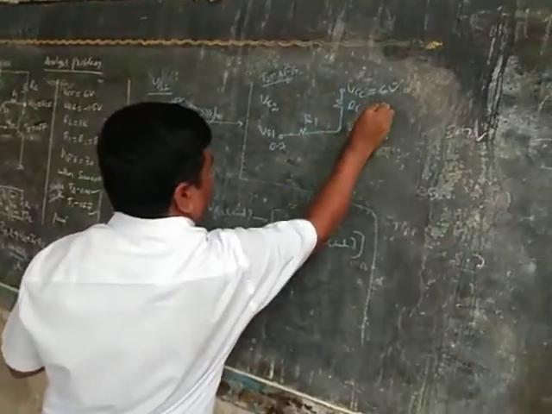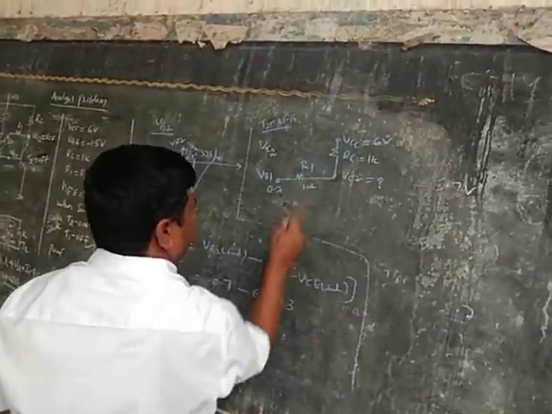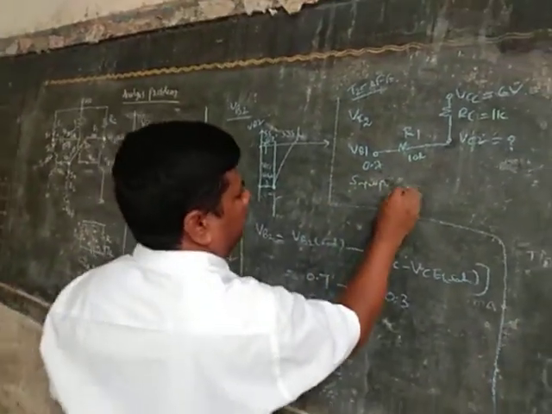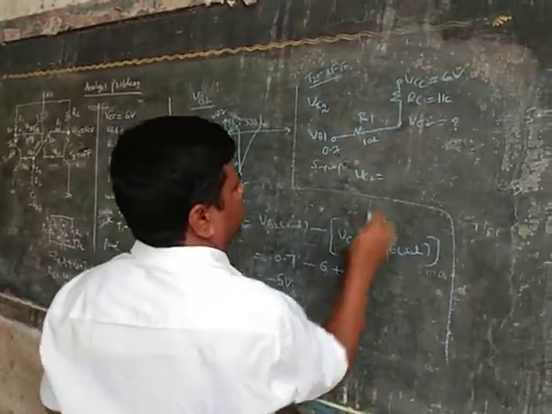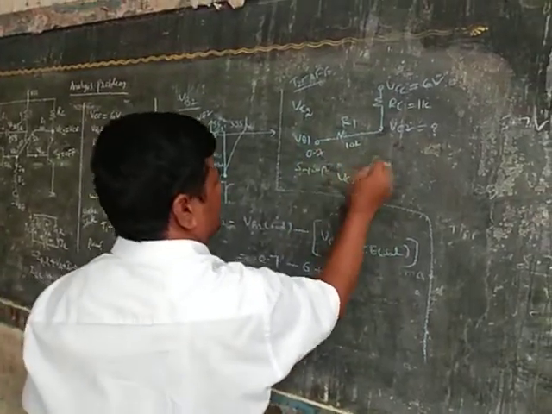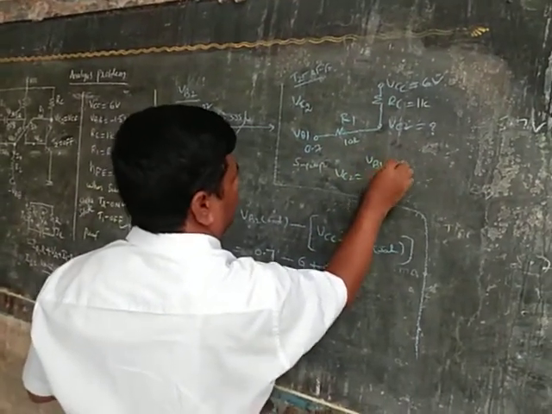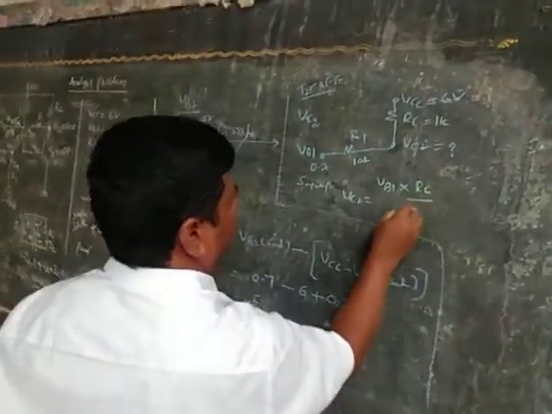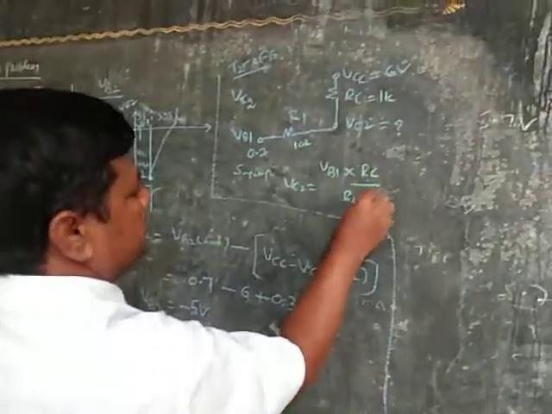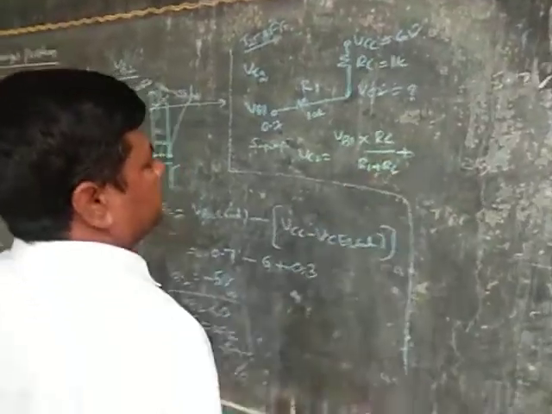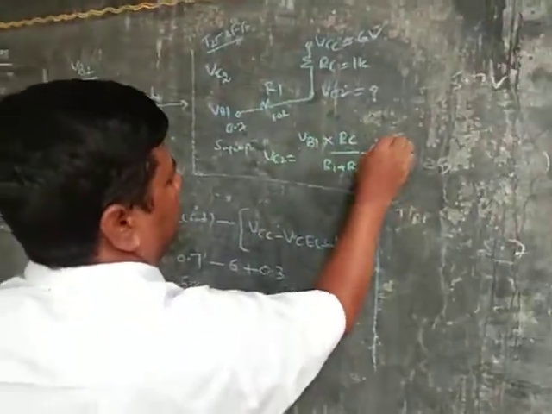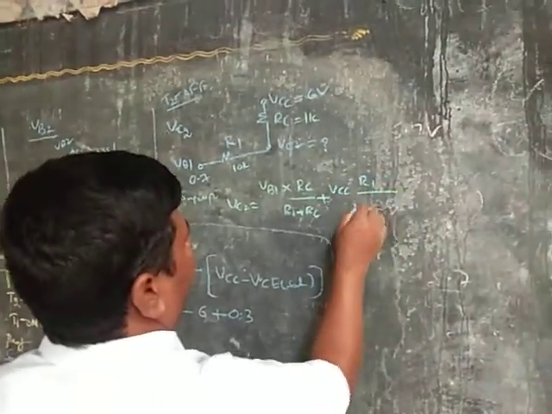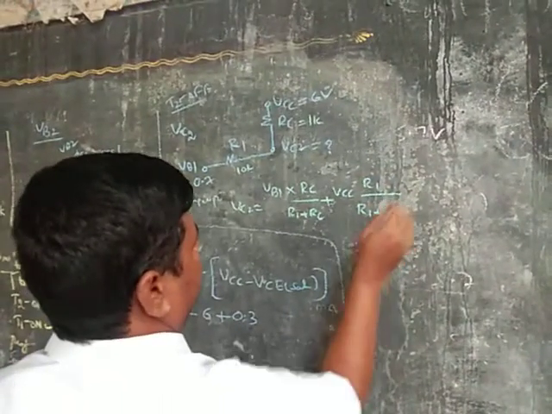RC is equal to 1K. Apply superposition theorem. Then VC2 is equal to, consider one source, consider VB1, short circuit VCC, VB1 times RC by R1 plus RC, plus consider VCC, short circuit VB1, VCC times R1 by R1 plus RC.